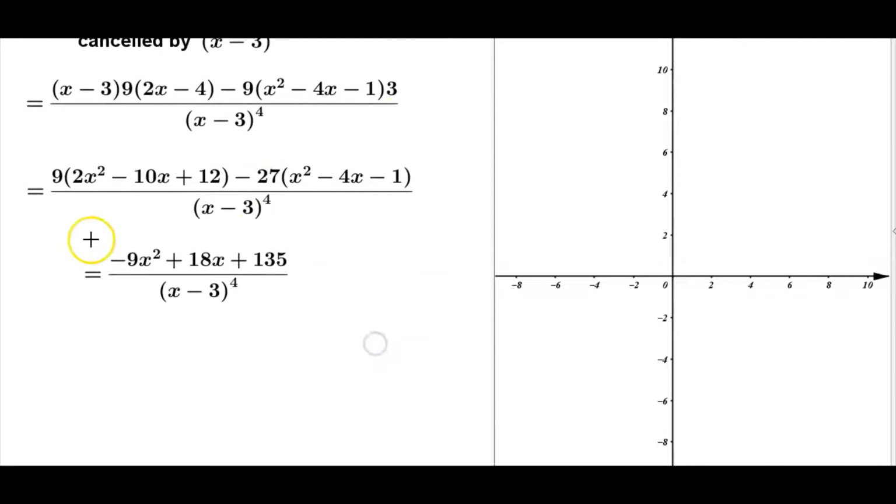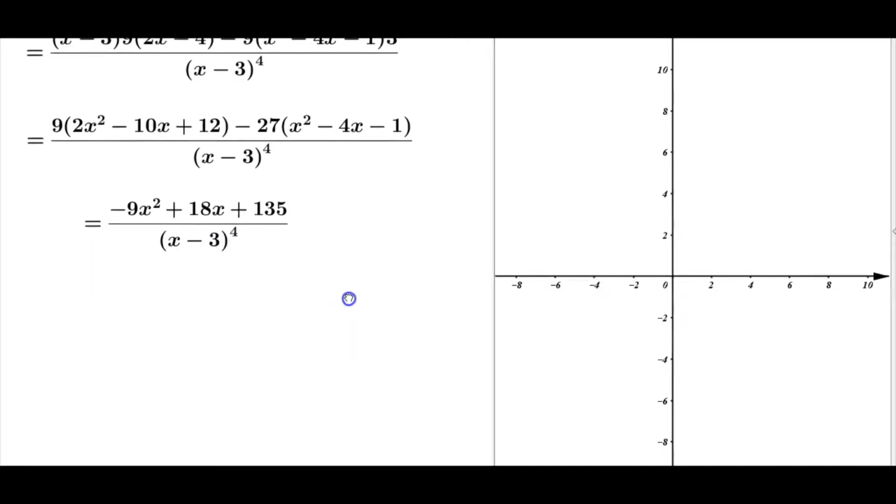This one, 18x squared minus 27x squared, minus 9x squared. This one minus 90x. This one 27 into 4, 54, 108. 108x minus 90x plus 18x plus 135 over (x minus 3) to the power 4.